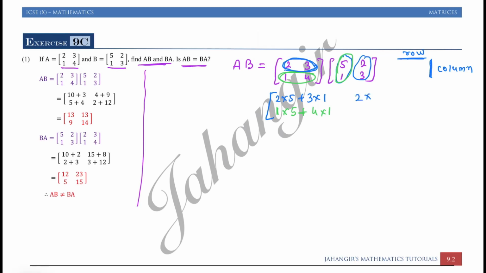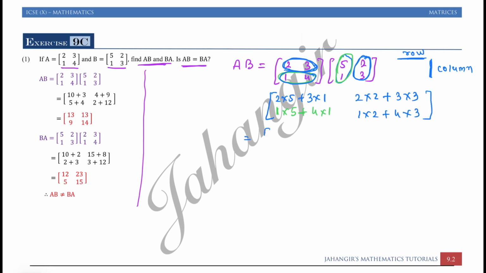So it's 2 into 2 plus, in between we have always plus. If we are multiplying 2 into 2, then plus 3 into 3. Then same thing, second row, second column. So 1 into 2 plus 4 into 3.